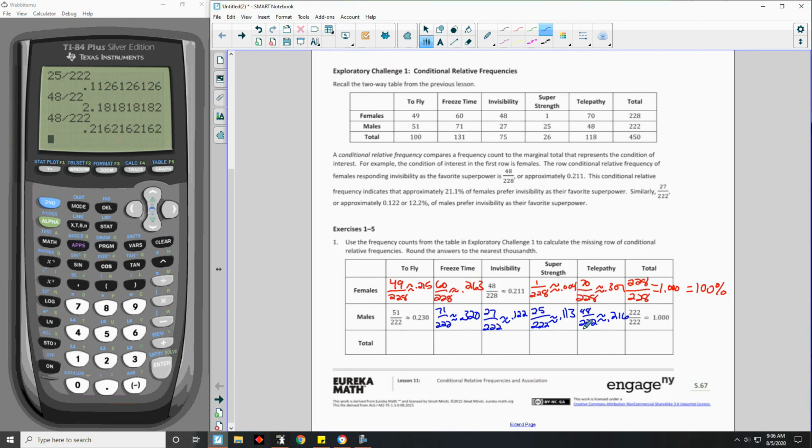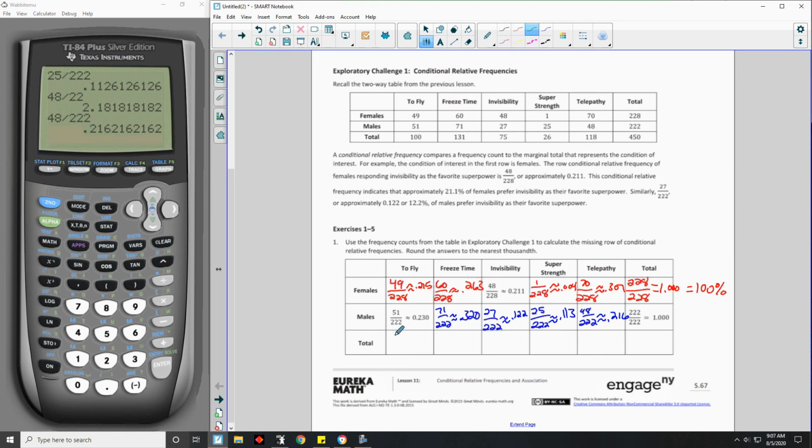Okay, and now the totals is going to be this number, 100, divided by this total. So we're just taking the row value divided by the row total each time. So now we're going to continue that. Let me switch to green.